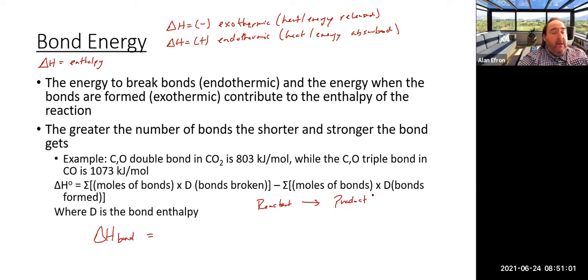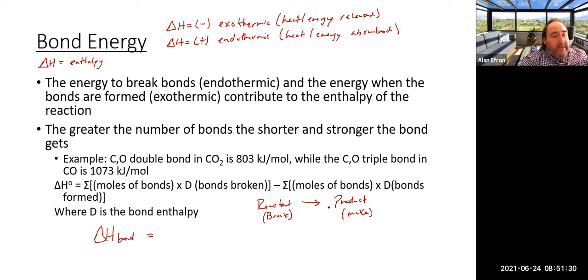We have that conservation of elements as we go from our starting material to our ending material. The only difference is how they are arranged. So as we go from reactants to products, we basically need to break all of the bonds over here, and we need to make all the new bonds that exist over there on the right-hand side.